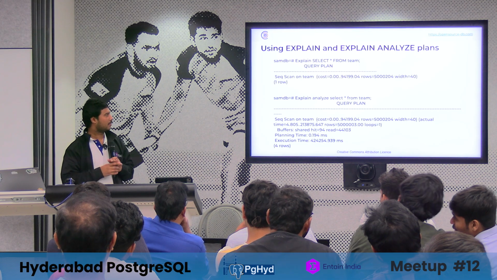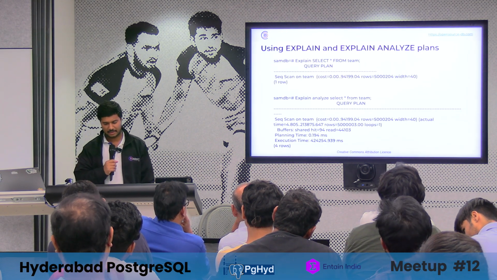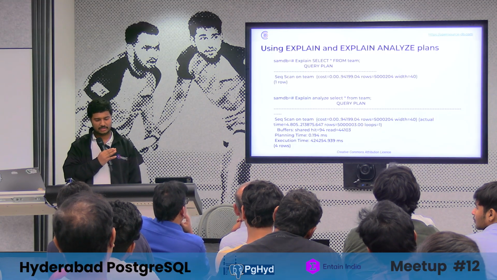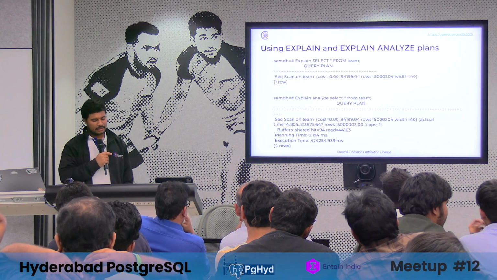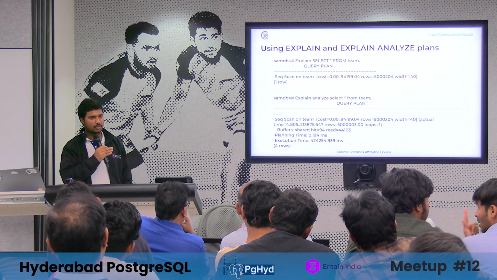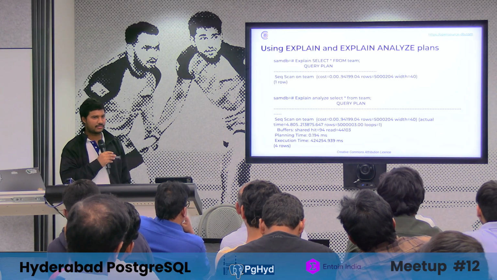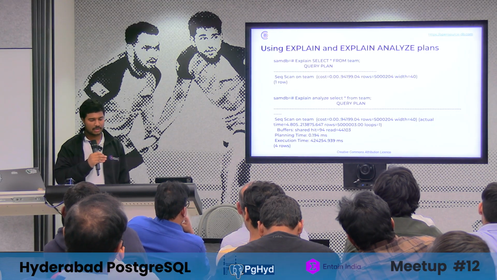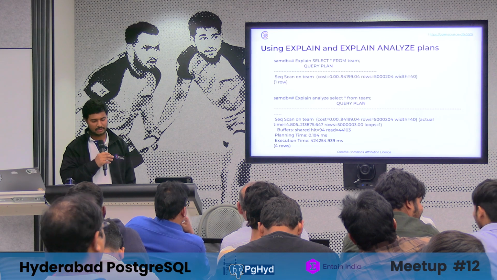Using some examples I have taken here, explain plan on select star from table. It was scanning the overall table. Here the cost starts from 0.0, when retrieving the first row, up to almost 94,200 to complete retrieving the table.